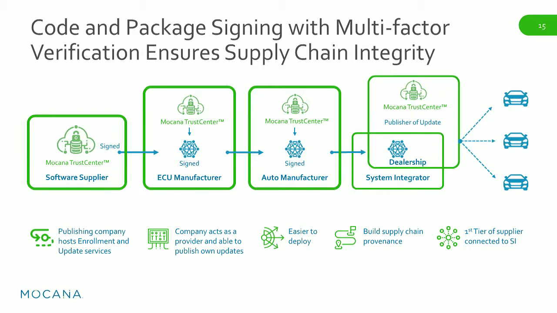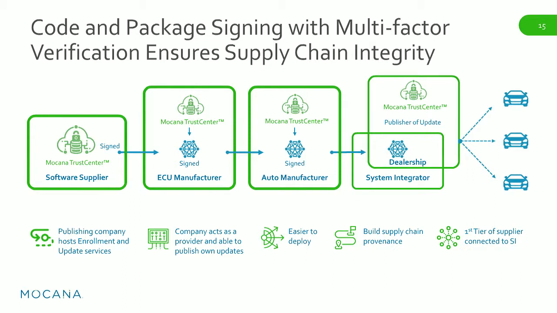The publisher is basically the entity that owns the device, right? So the software supplier does not have information about where the devices are. They just know what type of devices, what vendors, what categories of devices the updates are intended for. And so that passes through the supply chain down to either the system integrator or to the publisher.